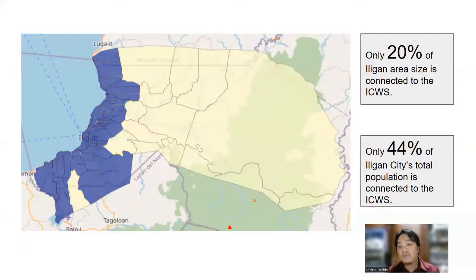They have their own motor pumps, and some of these areas are near rivers, and they prefer these natural water sources over connecting to ICWS.